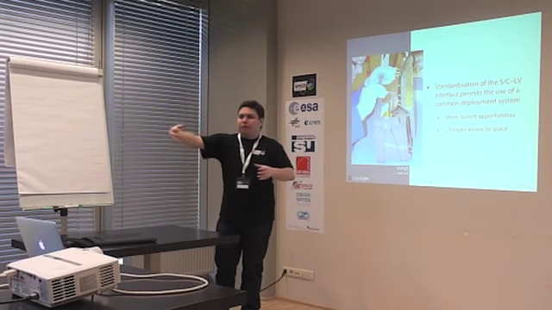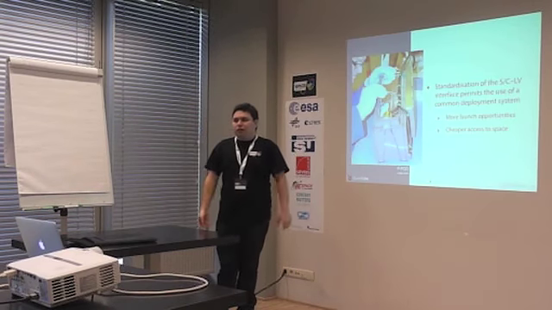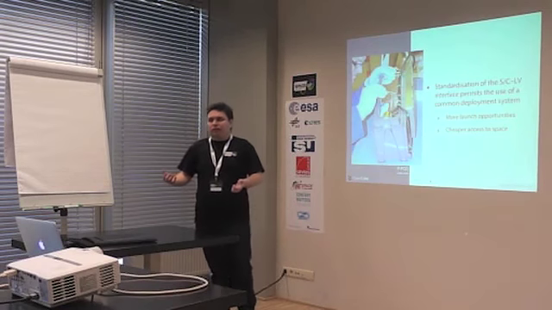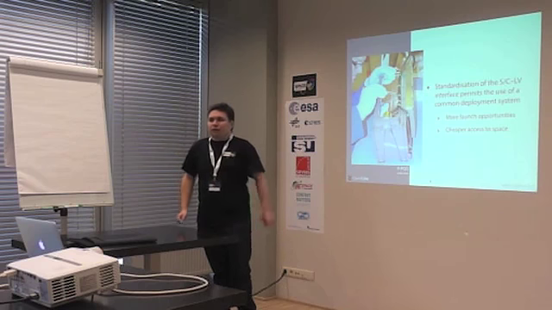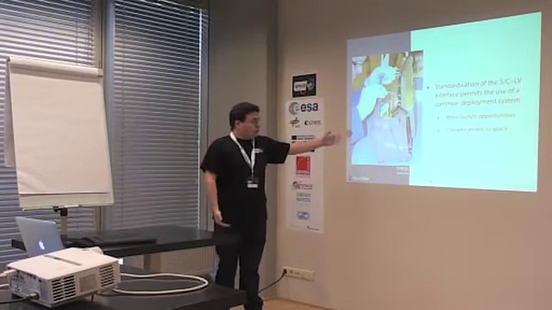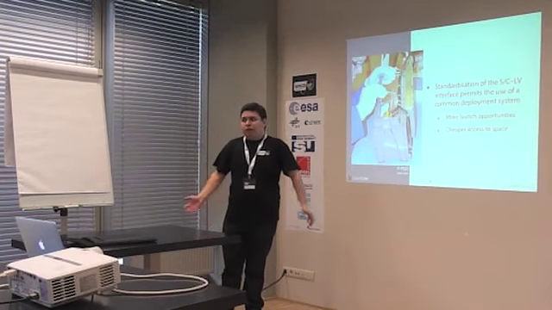You put the cubes inside. And when the launcher goes into space and wants to release the satellites, it just opens the door and the spring pushes the cubes out. So this is how it works. This means that we can put this system on pretty much any launcher.